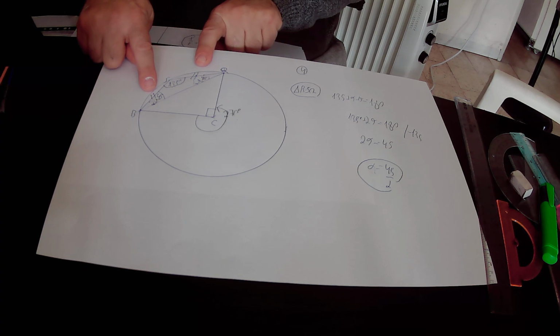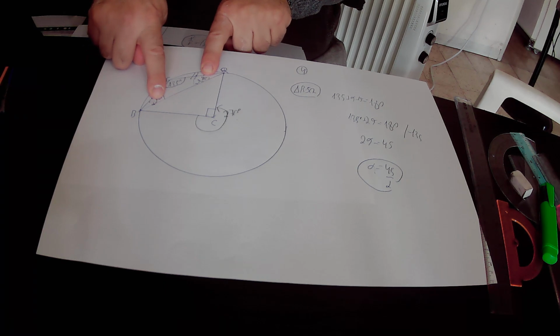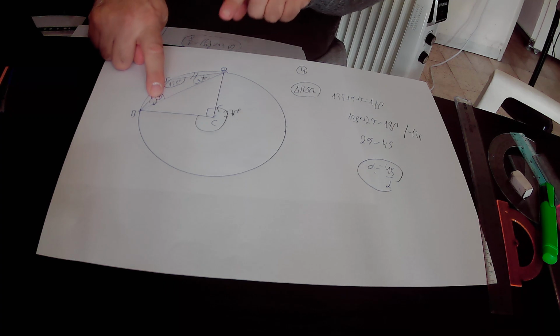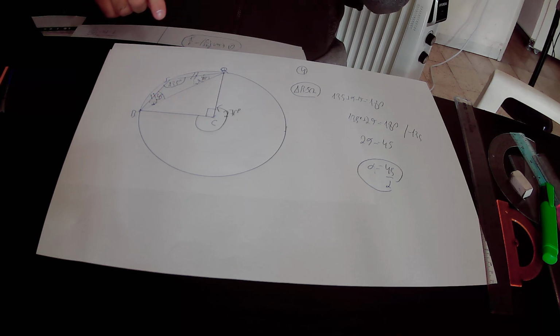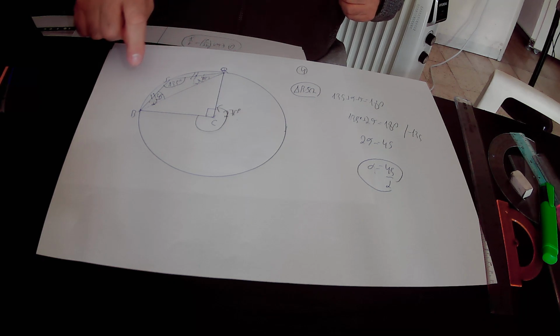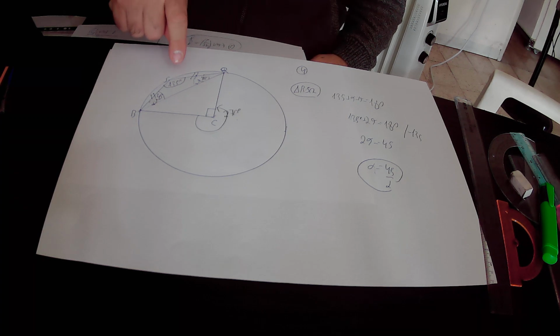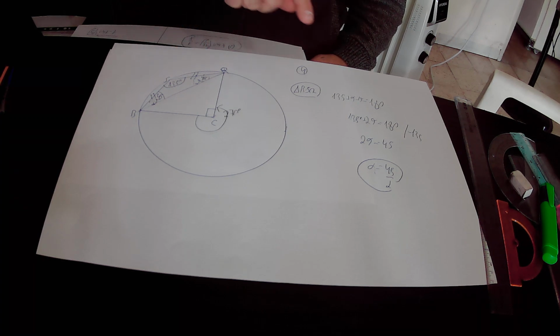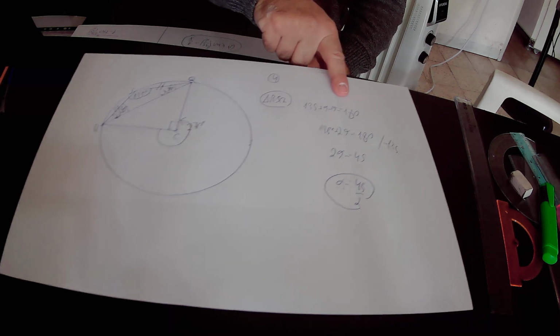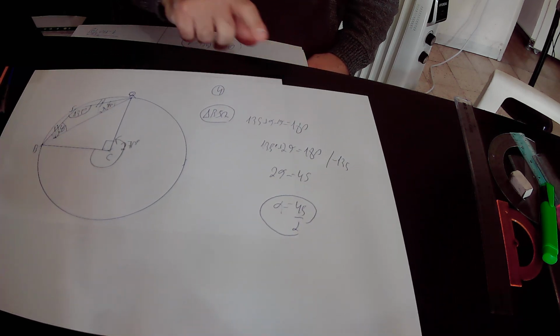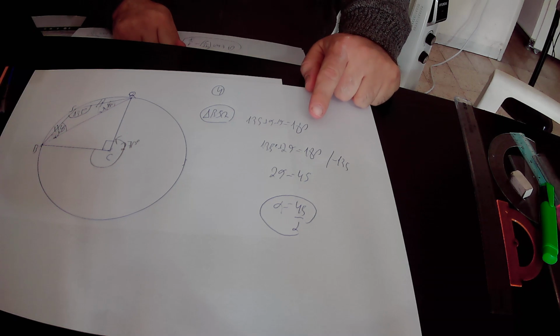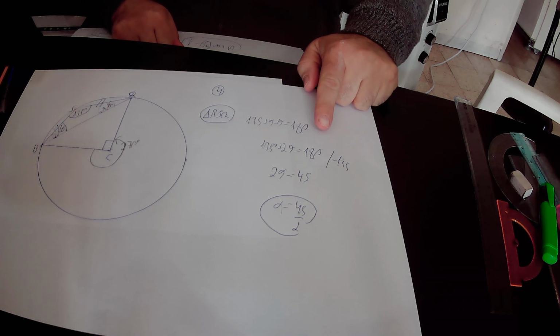So if this angle is alpha, then the other angle must also be alpha. The sum of the angles in the triangle QSB must be 180 degrees, so 135 degrees plus 2 alpha equals 180 degrees.